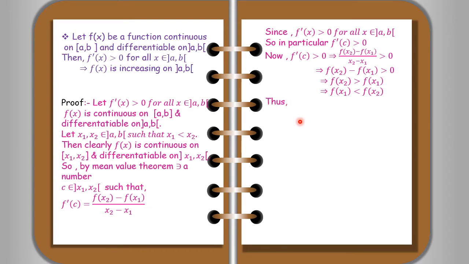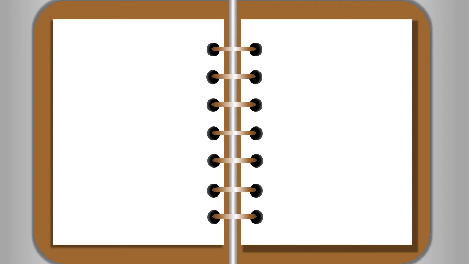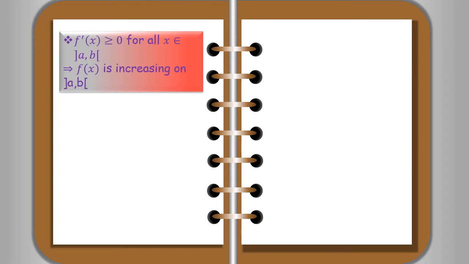So from here I can say, since it satisfies the condition of increasing functions, the function is an increasing function. So I have proved that if f dash x is greater than 0 in a certain interval, then the function is also increasing on that interval. If f dash x is greater than or equal to 0 in a certain interval, the function is increasing.